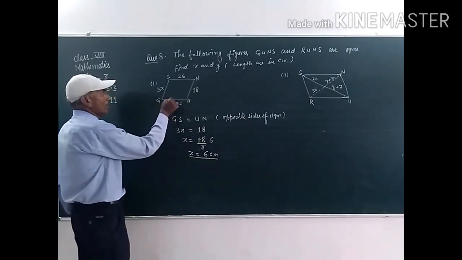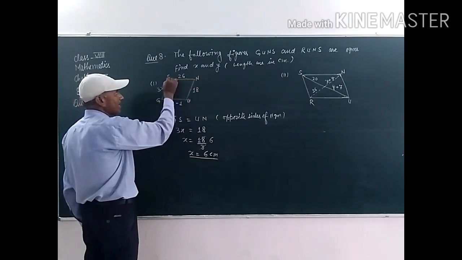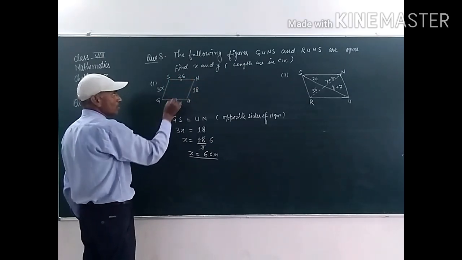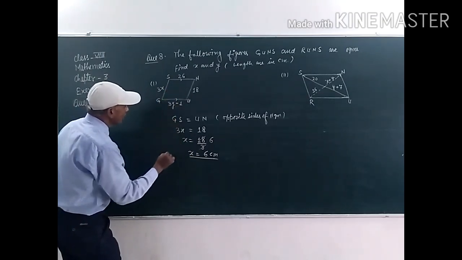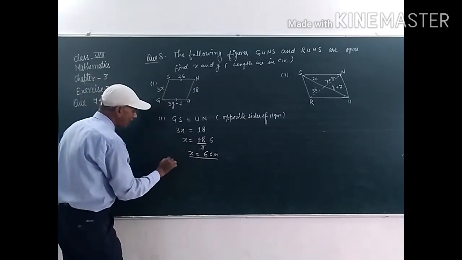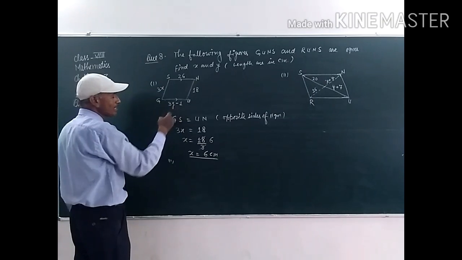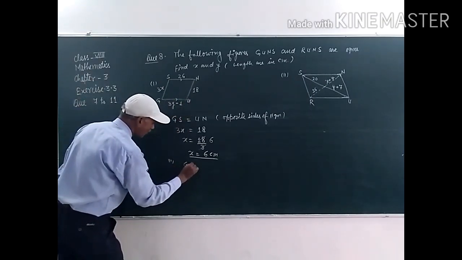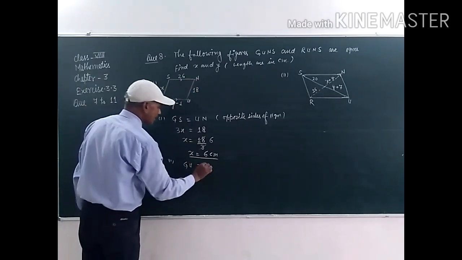Now these are the opposite sides GU and NS. These are opposite sides of a parallelogram, student. So these sides will be equal also. So this is the first part, and in the second part of this question we have to find out the value of y. So GU is equal to NS.